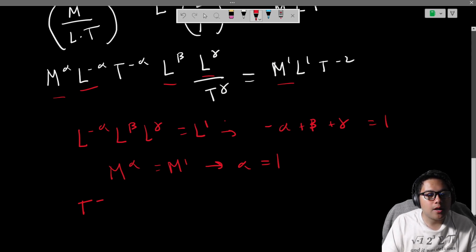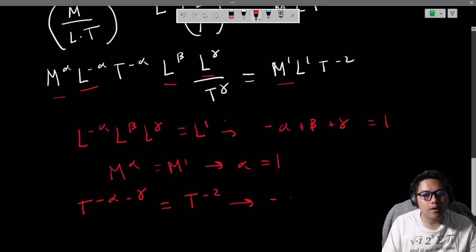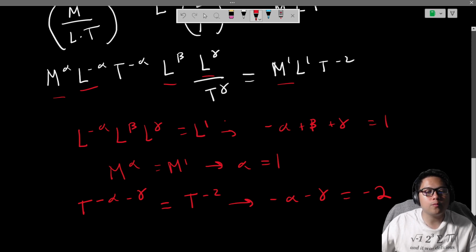So T to the minus alpha minus gamma needs to equal T to the minus 2. So we can say from that that minus alpha minus gamma equals minus 2.